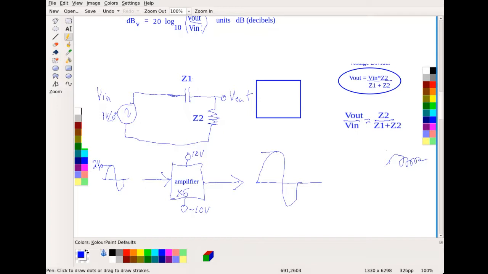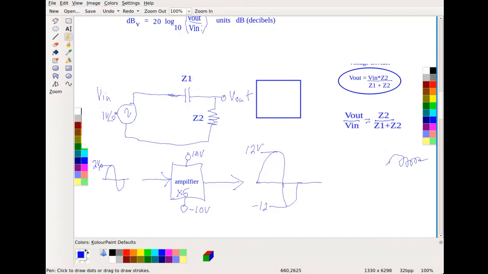It wasn't a very good one, right? But it should be going up to 12 volts and then coming down to minus 12 volts. But the problem is that my amplifier is only putting in plus or minus 10 volts.